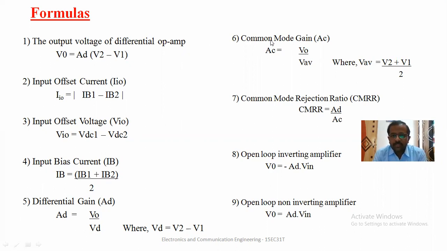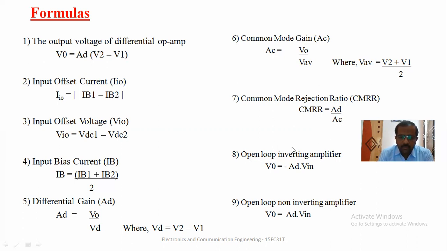One more formula is the common mode gain, AC = V0 / VAV, in which VAV = (V2 + V1) / 2. And the common mode rejection ratio, CMRR = AD / AC.